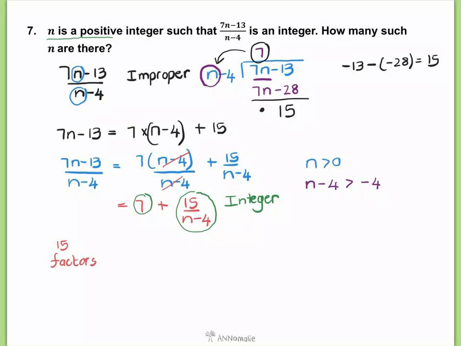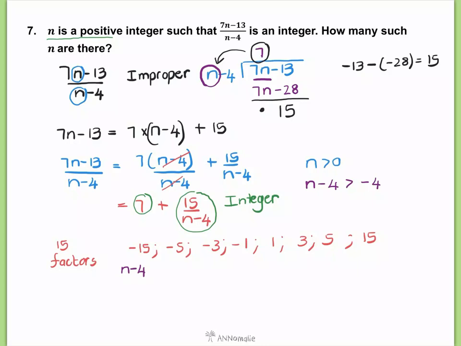Let's look at the factors of 15. As long as it's got an integer value, it's minus 15, minus 5, minus 3, minus 1, and then also 1, 3, 5, and 15. These are the factors and they represent n minus 4.